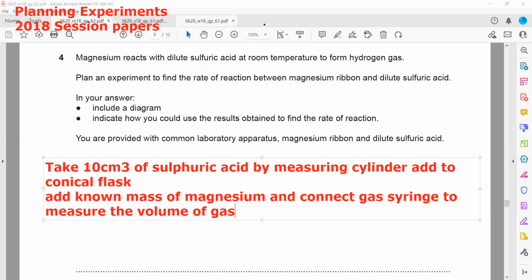volume of gas for example at 30-second intervals for 3 minutes.